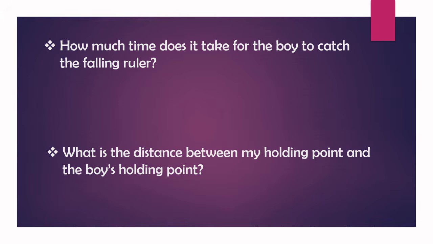The students may answer that the boy takes very little time to catch the falling ruler, and the distance between your and his holding points is very small. That means the student, within a fraction of a second, holds the ruler that is falling down.